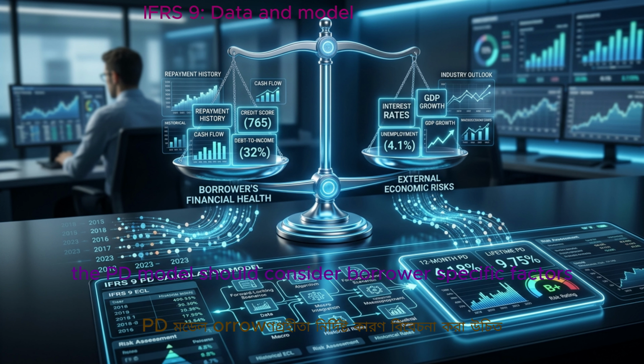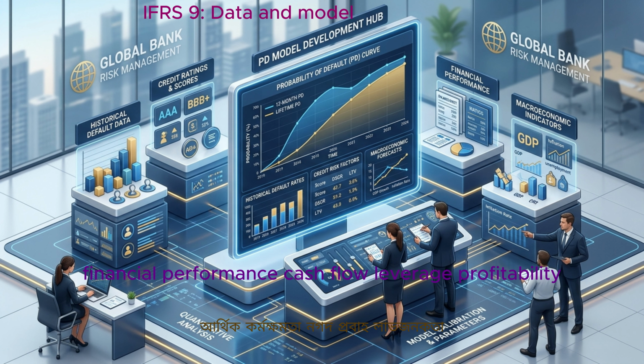The PD model should consider borrower-specific factors such as repayment history, financial performance, cash flow, leverage, profitability, industry risk, and management quality. It should also consider economic factors such as GDP growth, inflation, interest rate, and exchange rate.